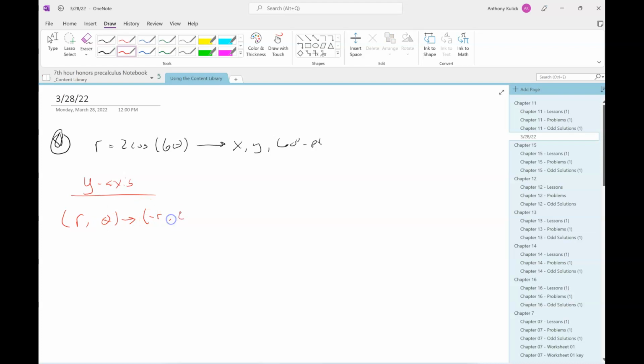Replace r, theta with negative r, negative theta, right? The problem is that if we do that and use your odd-even identity, you're stuck with an extra negative sign that you're not supposed to have.